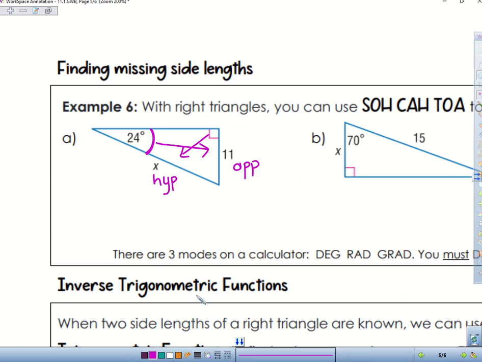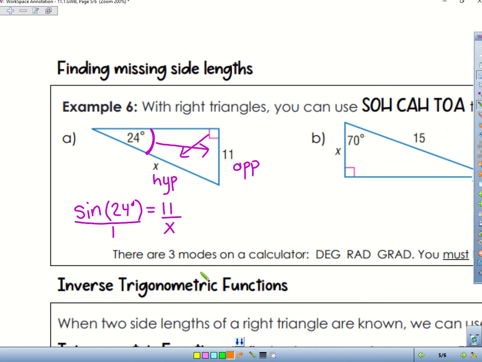What trig function involves opposite and hypotenuse? Sine, cosine, or tangent? Sine? Good. So sine of 24 is equal to opposite over hypotenuse. Can I put this over 1 and then I can cross multiply? Good.